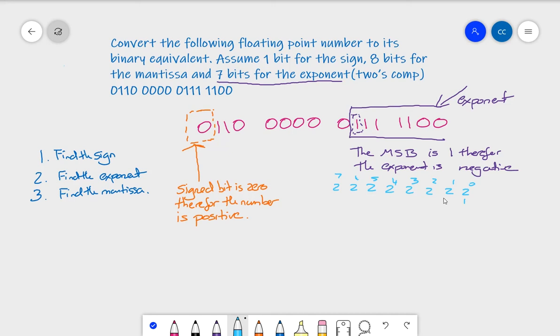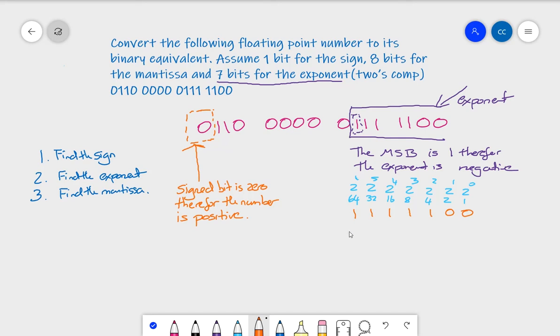So we've got 1, 2, 4, 8, 16, 32, 64. Now we don't actually need that one. Let me just get rid of that because we've only got 7 bits here. Right, now what have we got? Let's put in the number. So I'll use orange for that. So it's 1, 1, 1, 1, 1, 0, 0.